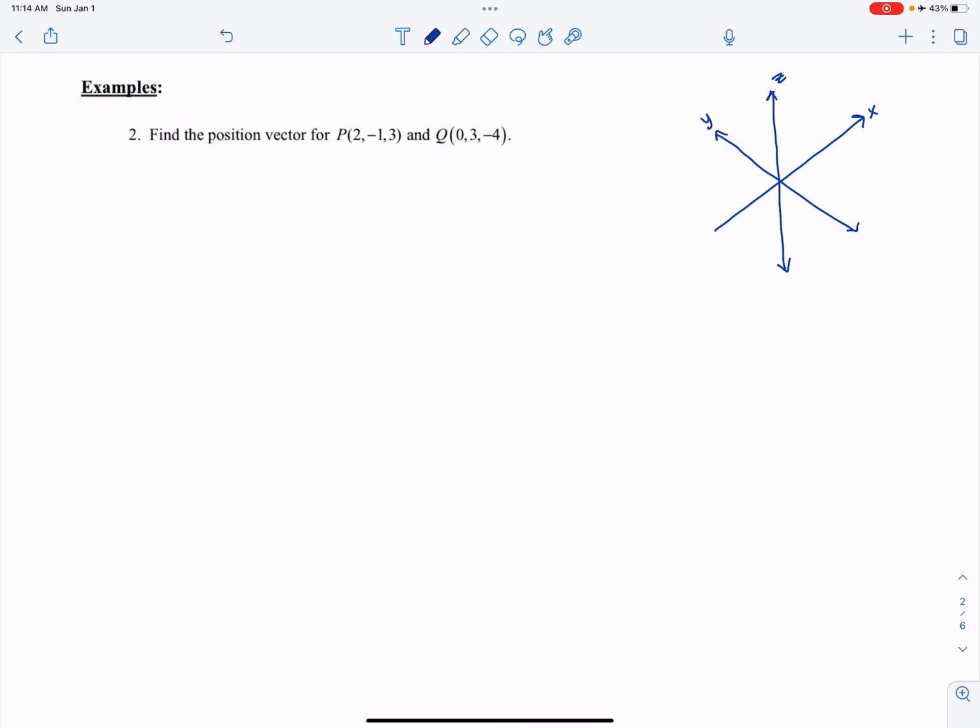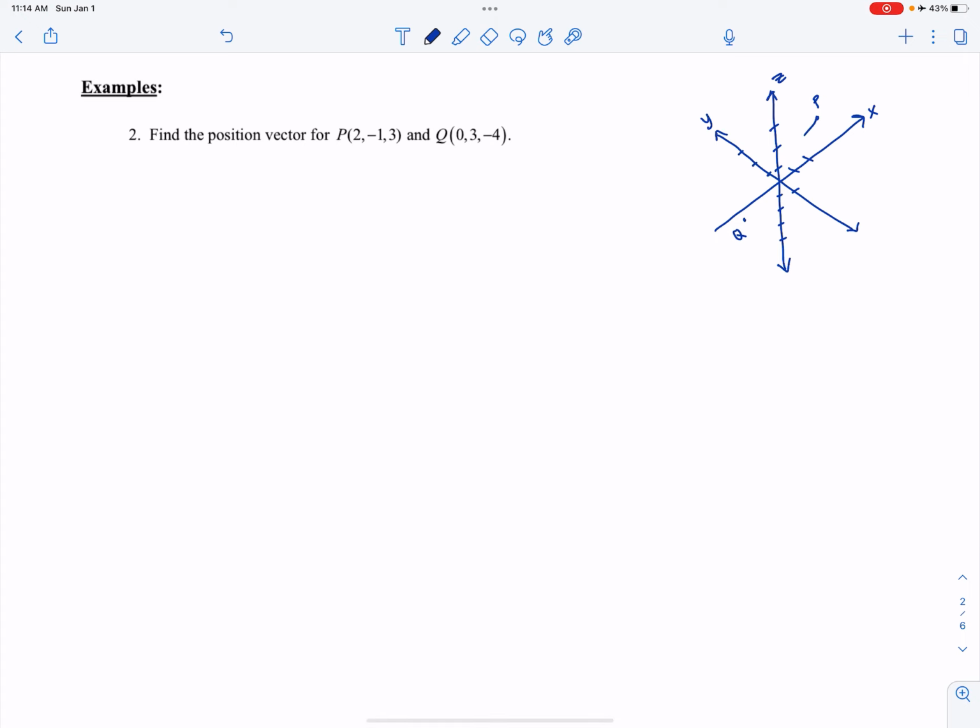And P is at 2, negative 1, 3. So we've got 1, 2, 1, and here. And then Q is at 0, 3, negative 4, so maybe here.